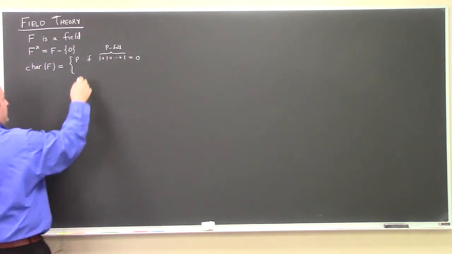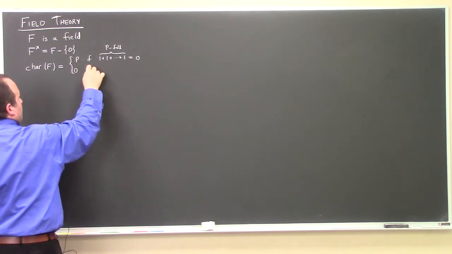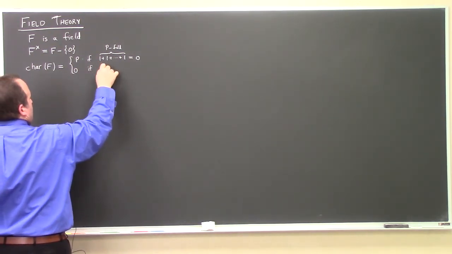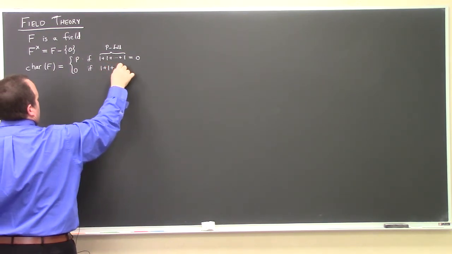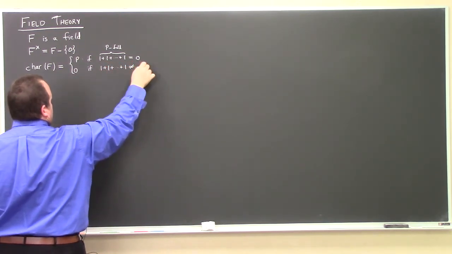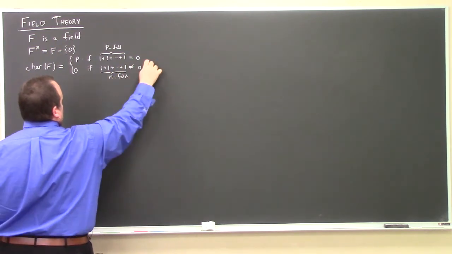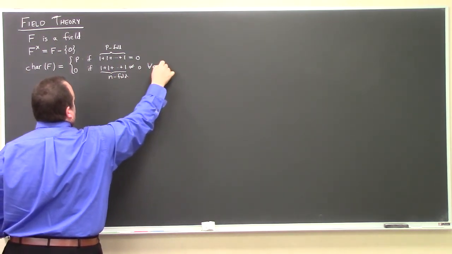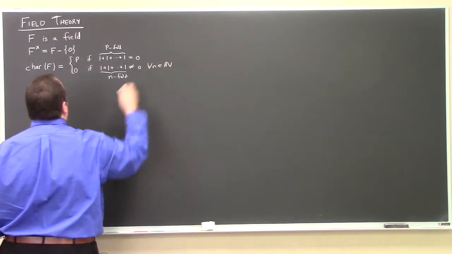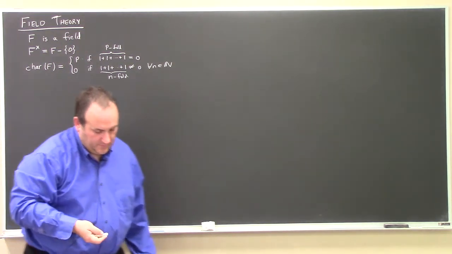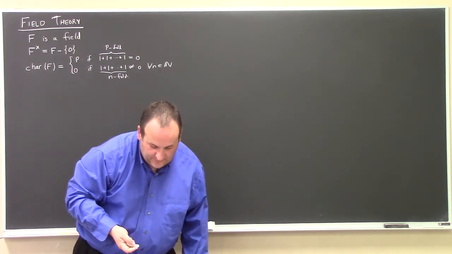And it's said to be characteristic 0 if 1 + 1 + ... + 1, n-fold, is not equal to 0 for all n. So either the field has characteristic p, where p is a prime, or it has characteristic 0. Those are your choices.